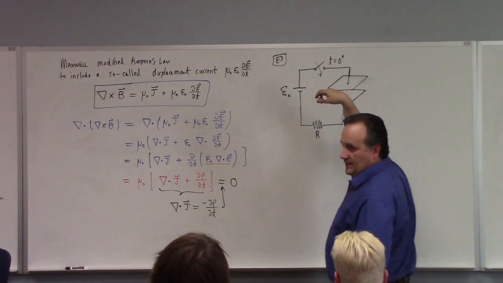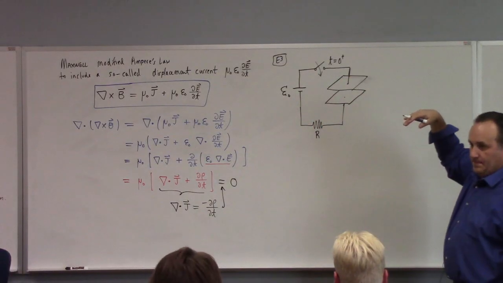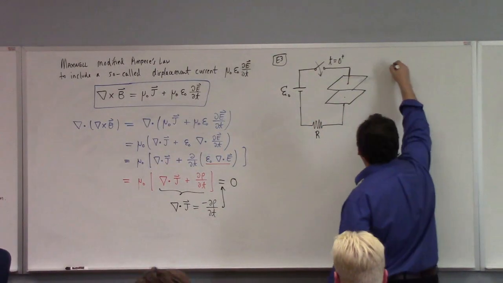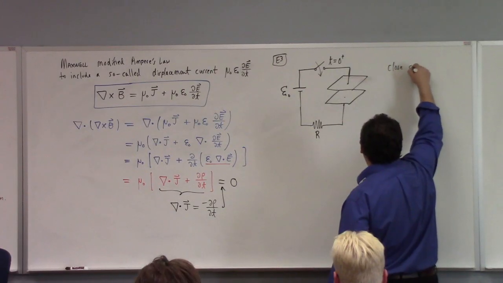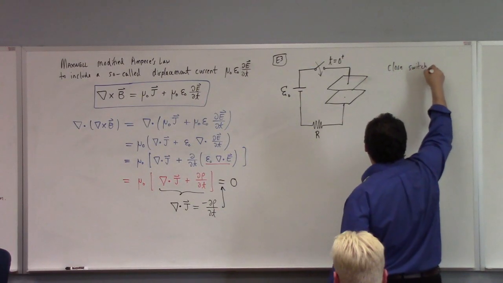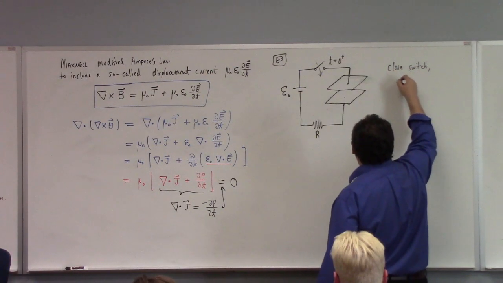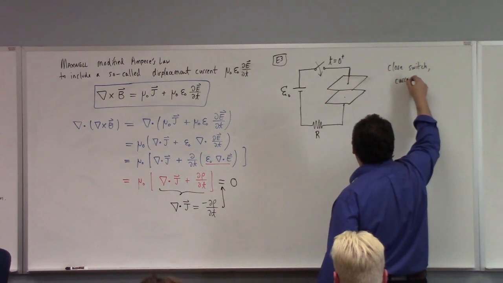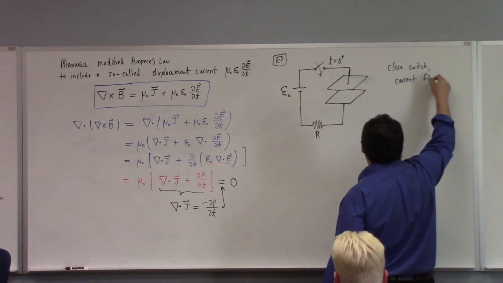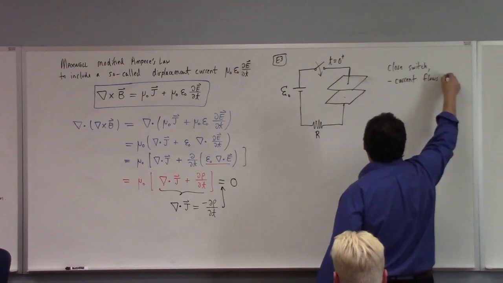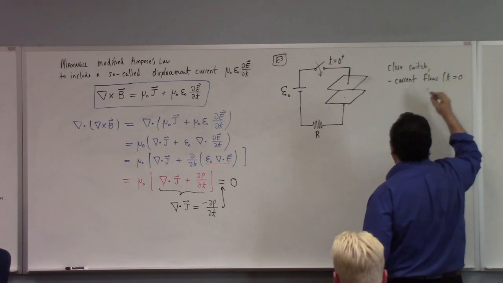We close the switch, and the capacitor begins to charge. So, close switch, and current flows for t greater than 0.